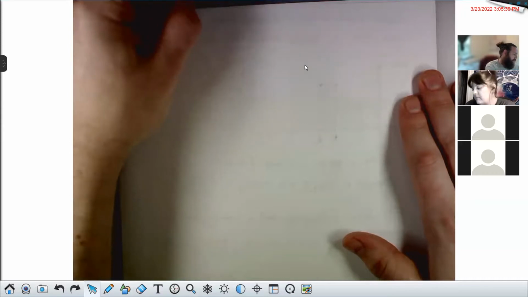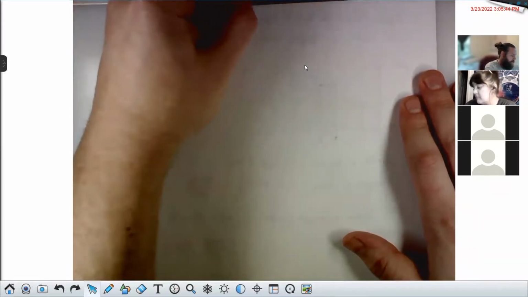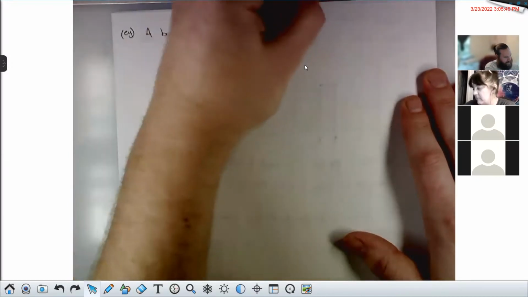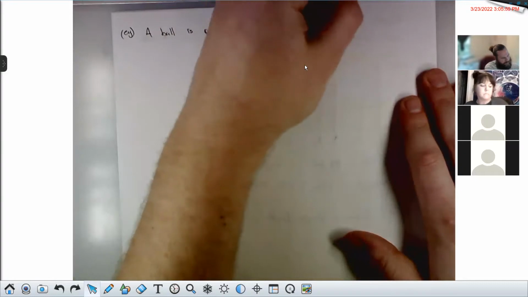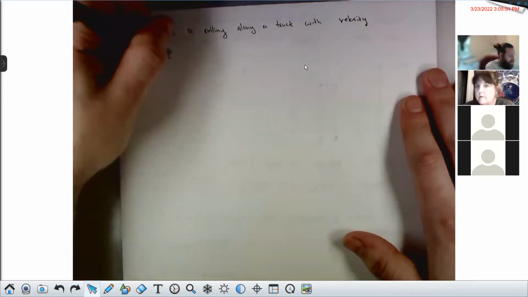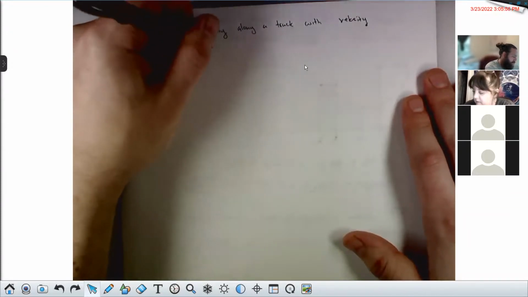Let's say a ball is rolling along a track with velocity v of t equals 1 plus 2t.